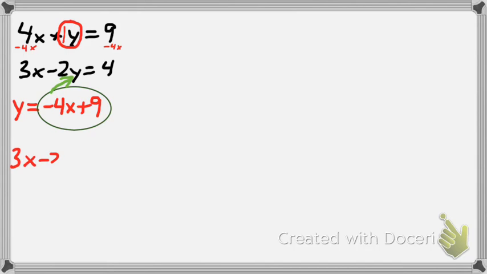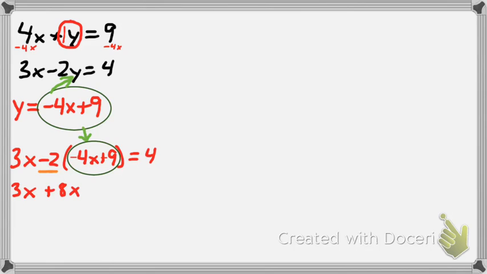And if I write that out, it looks like that. Now our job is to solve for x. So we're going to distribute the negative 2, making sure we distribute negative 2. So we get plus 8x minus 18 equals 4.